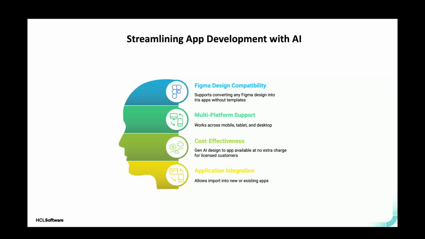This feature, however, enables us to import a Figma design directly into Iris with the power of AI in the back end. Now, why we went with the AI instead of a scripted conversion is you can design anything in Figma. You can use simple frames. You can use a component library that's specific to your enterprise. There are no limits to how a particular element can be designed.